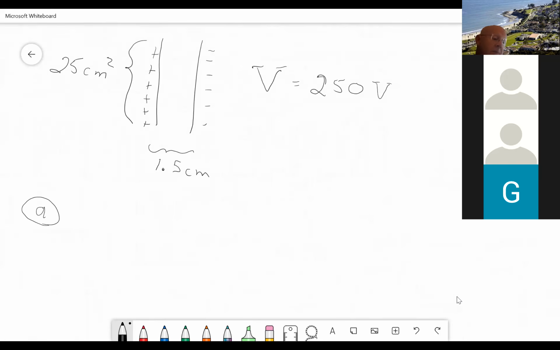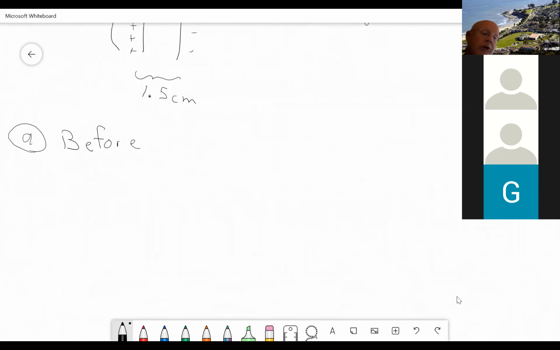So let's start with the before. Because as they're looking for charge, I'll just start off here and say, remember, the definition of capacitance is the charge over the voltage. So I just need to find the capacitance. They gave me the voltage and I can get the charge. So I'll write it this way. Charge is capacitance times the voltage.